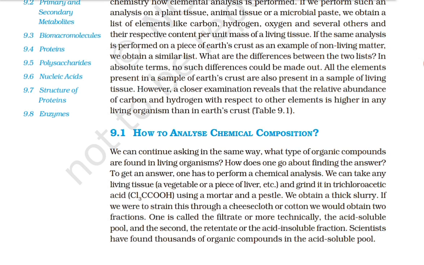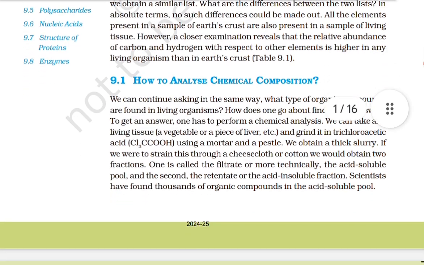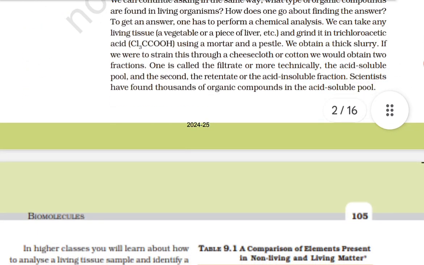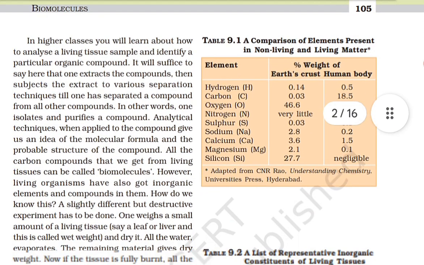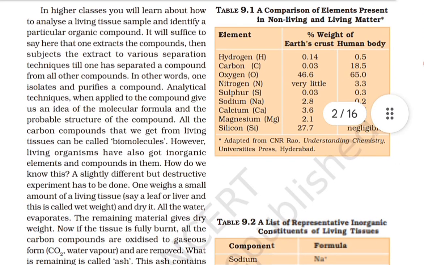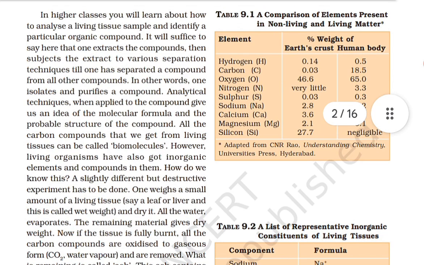If we were to strain this through a cheesecloth or cotton, we would obtain two fractions. One is called filtrate, or more technically the acid soluble pool, and the second the retentate, or the acid insoluble fraction. Scientists have found thousands of organic compounds in the acid soluble pool. In higher classes, we will learn about how to analyze a living tissue sample and identify a particular organic compound.